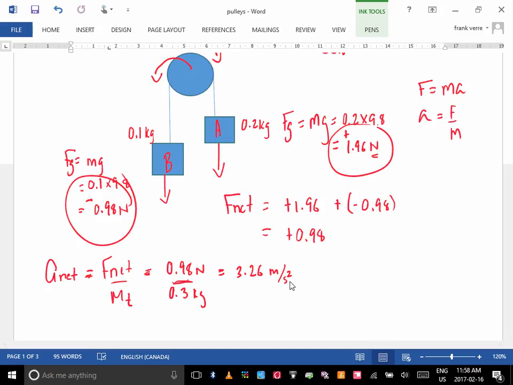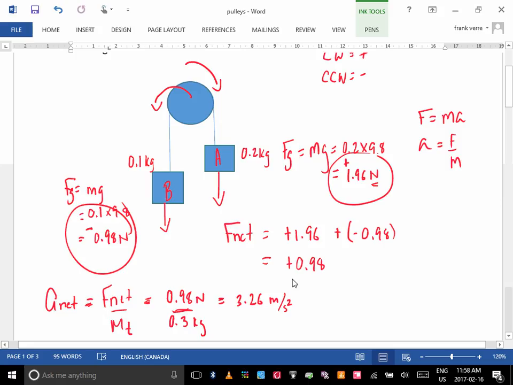Don't worry if you didn't, but the math of it all says it should be about 3.26. Yeah, you guys got 4.2, 4.1. Blame your phone. So that's the net acceleration.